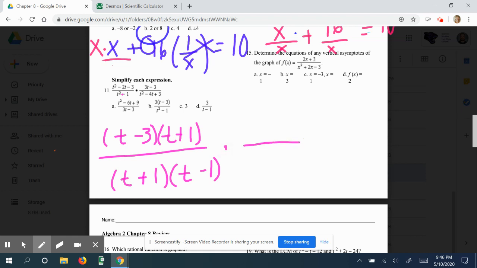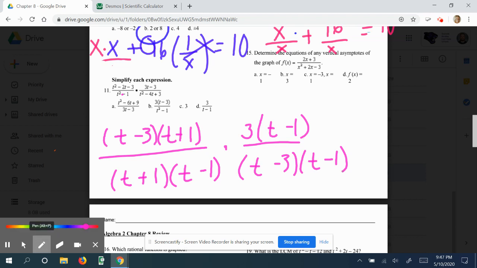Times, and over here. Now, you'll notice I have 3t minus 3. I'm going to factor a 3 out, and I get t minus 1 here. And the bottom, the two numbers that multiply to 3 and add up to negative 4, are going to be t minus 3 and t minus 1.